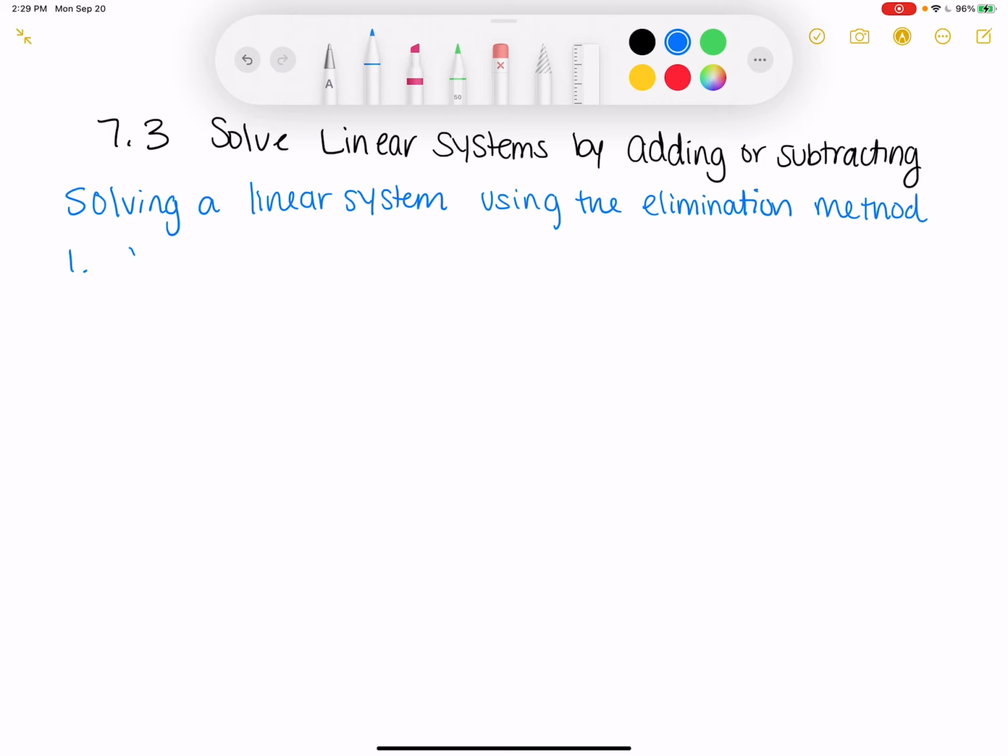So first, add or subtract the equations to eliminate one variable.